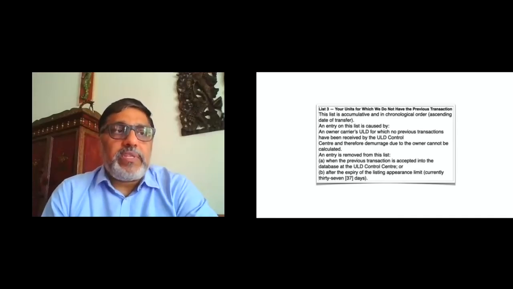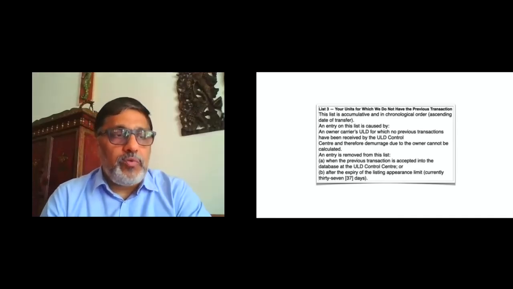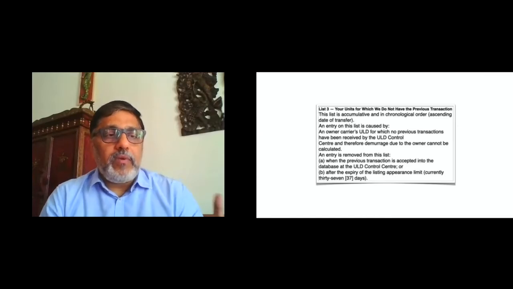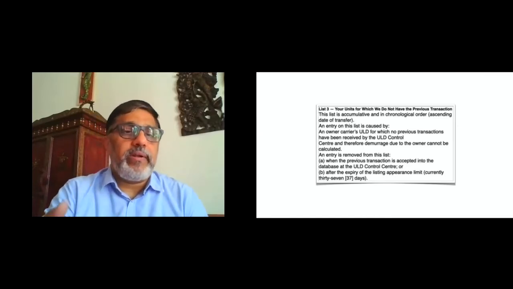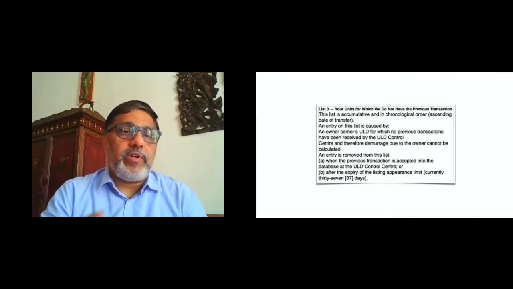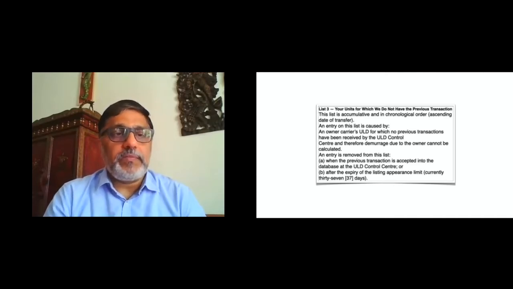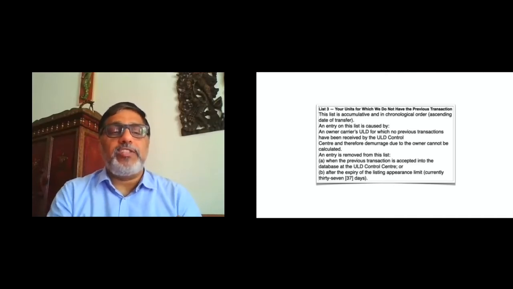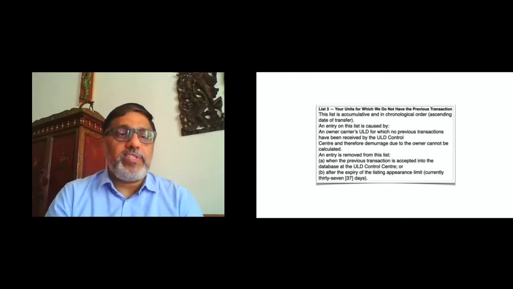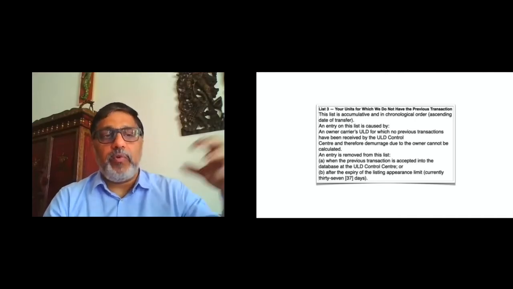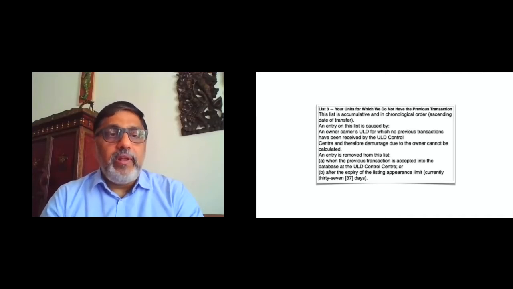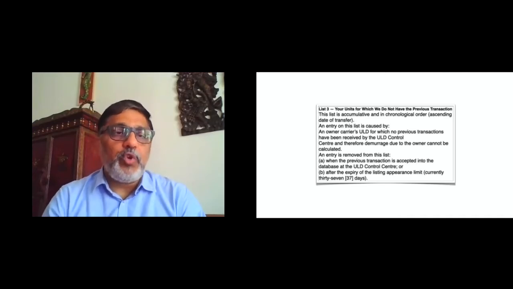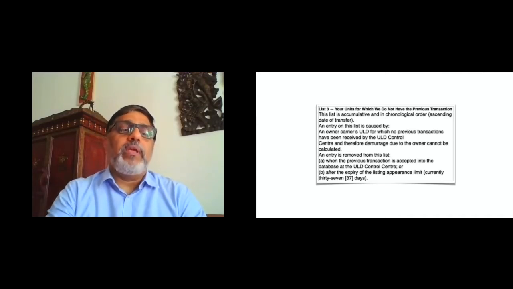It's actually the reverse of list 2, wherein the unit has been transferred back into your system, but you have not provided the system when the unit was transferred out of your system into another carrier. So list 2 tells you the units that you have finished the transaction for, but the owner carrier has not put in the transfer into the system. List 3 is just the reverse of that, wherein you have not put in the transfer route, but the other airline has put in the transfer in.